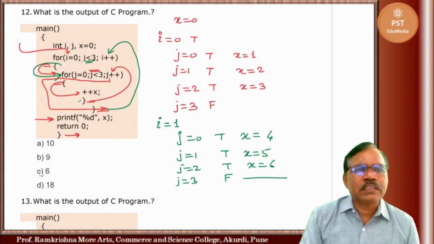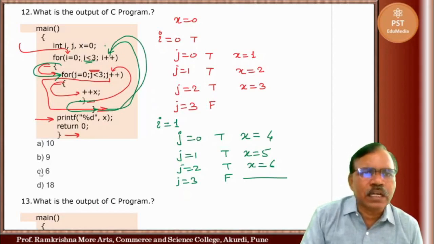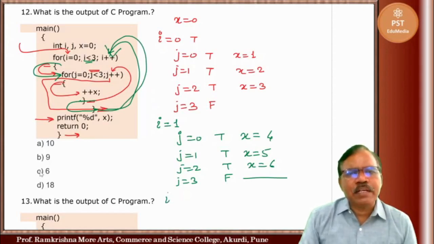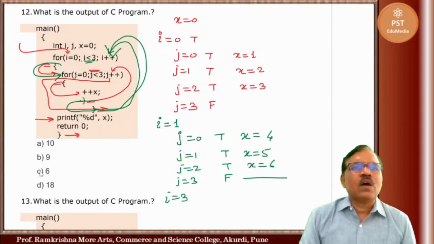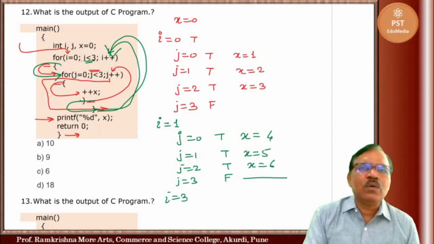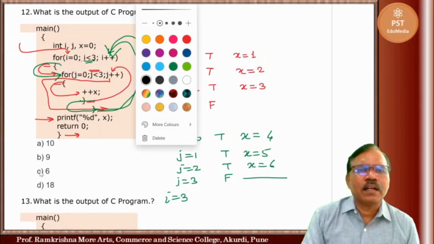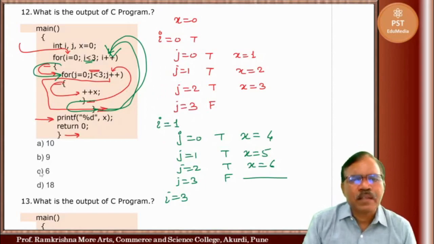So it comes out of the loop and it goes here, and i becomes 3. Now when i becomes 3, it goes to check the condition. I becomes 2, sir. Sorry, i becomes 2.